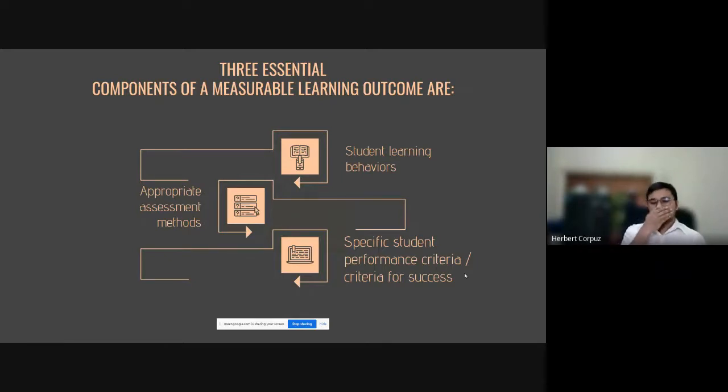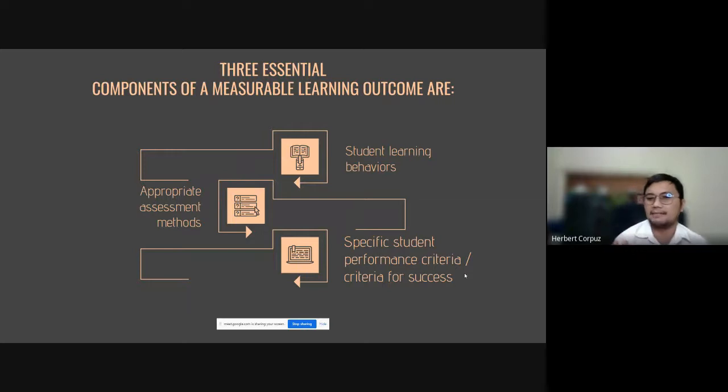For example: write sample learning outcomes to demonstrate one's understanding of the three domains of learning.